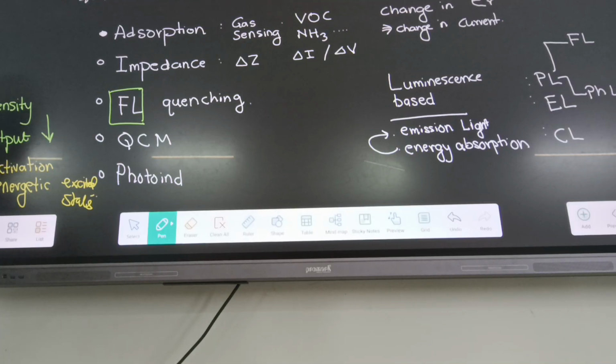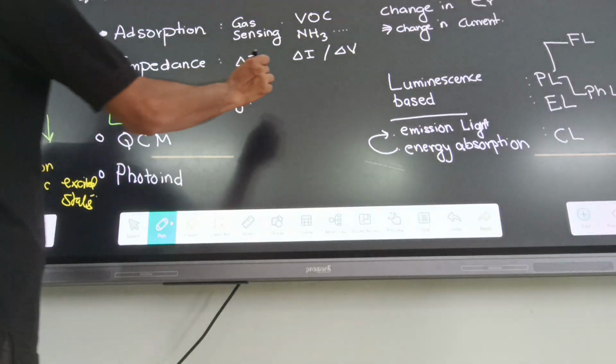Okay, so there is a fluorescence quenching. Quench, जैसे तुम लोगों ने iron carbon diagram में पढ़ा होता है ना, suddenly the temperature drops. This is also a sort of quenching where there is a deactivation. The intensity of the output goes down. So this is how the metal organic framework can work.